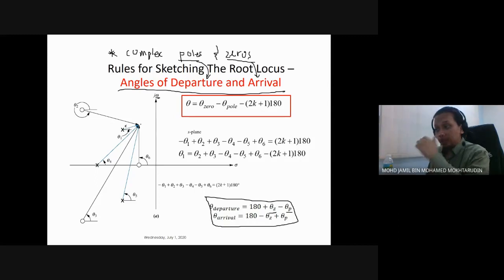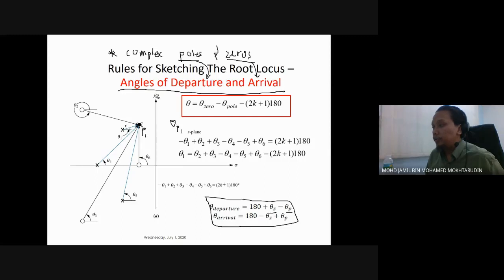Okay, so let's say your pole is somewhere at this point, okay? So assume that this point is your pole. So to find the angle theta p, we call it theta p1. Let's say this is point p1.